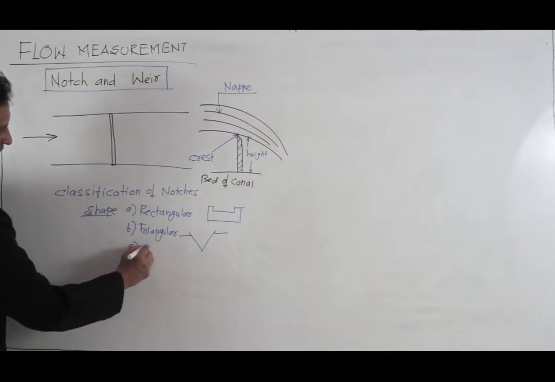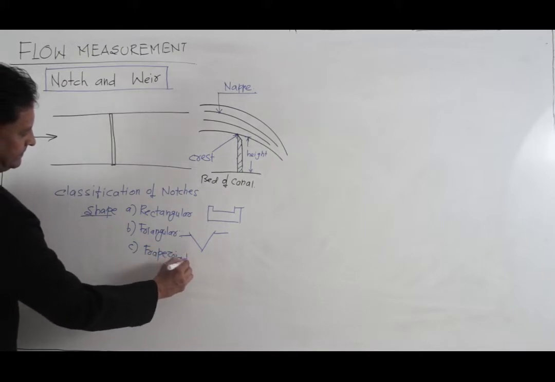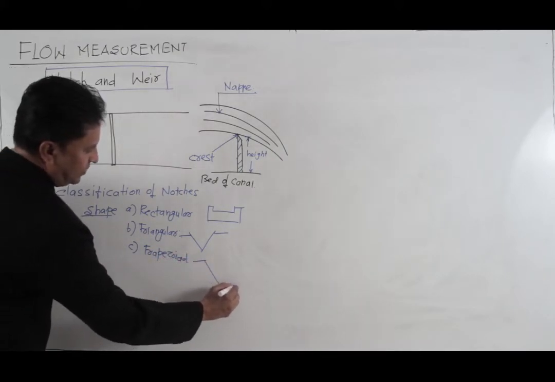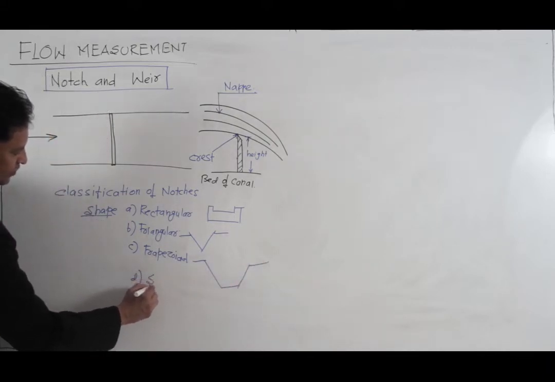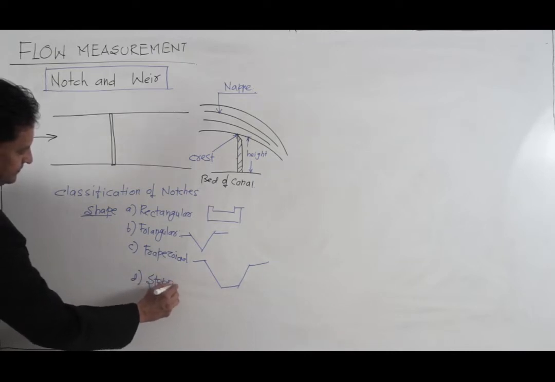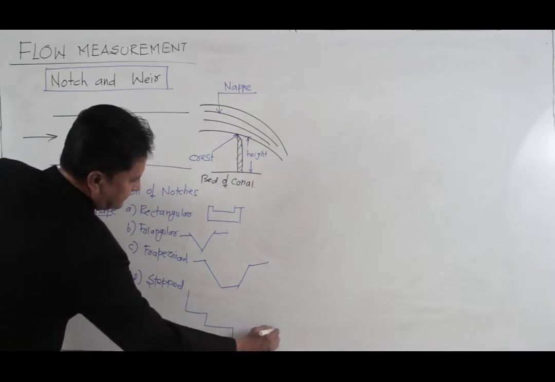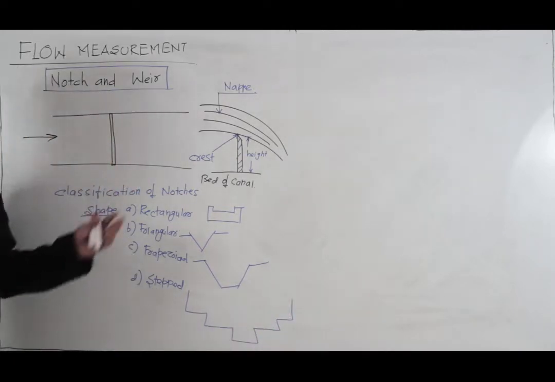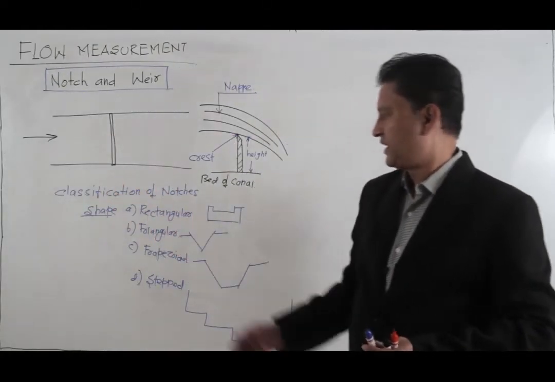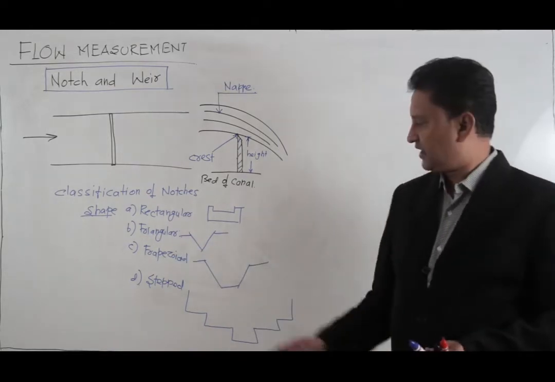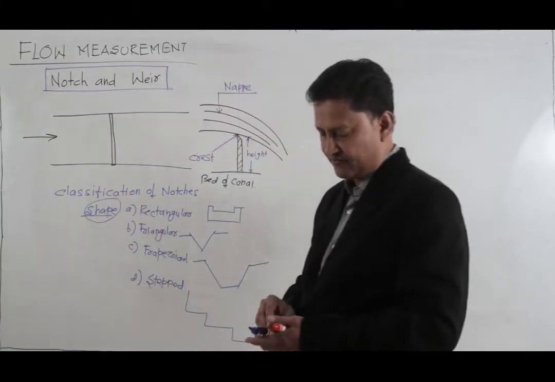Then you get the trapezoidal notch. Now the shape of the notch will be trapezoidal, and the step notch. That is, you get the steps. So based on the shape of the notch, we get the rectangular notch, triangular notch, trapezoidal notch, and the step notch. Now this classification was based on the shape of the notch.